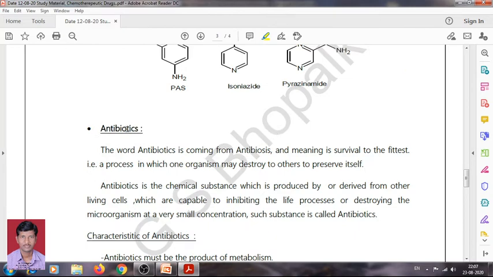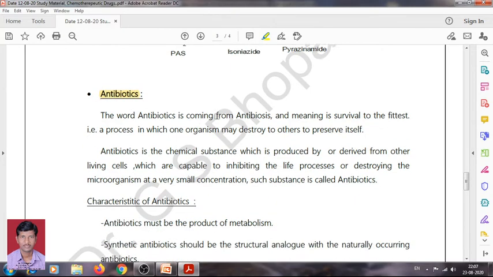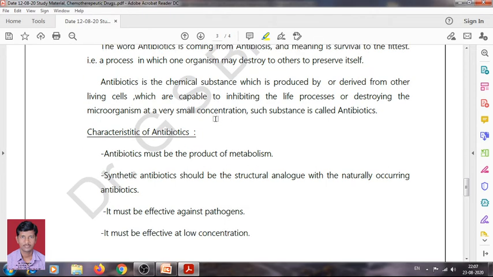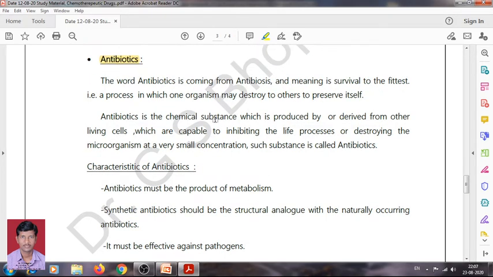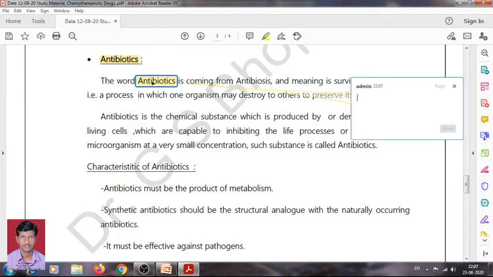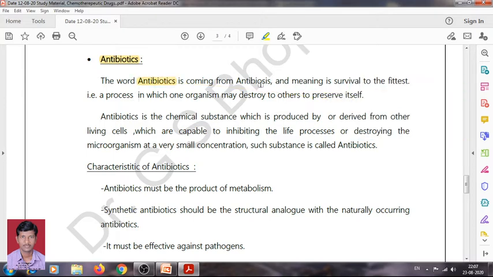Then the next chemotherapeutic agent is the antibiotic. I think we are well acquainted with antibiotics. Nowadays the use of antibiotics is very common. The word antibiotic comes from antibiosis, and the meaning is survival of the fittest.